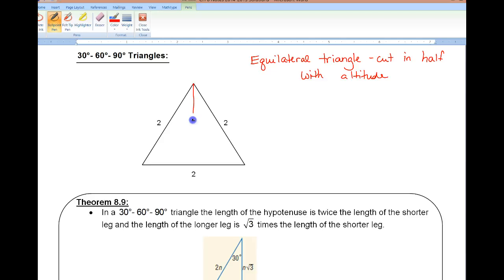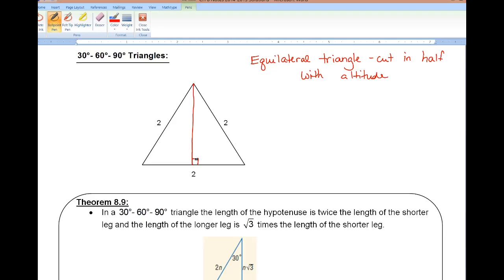The altitude starts from the vertex and goes perpendicular to the opposite side. In an equilateral triangle, the altitude is the same as the angle bisector and also the same as the median, which gives us some information here.